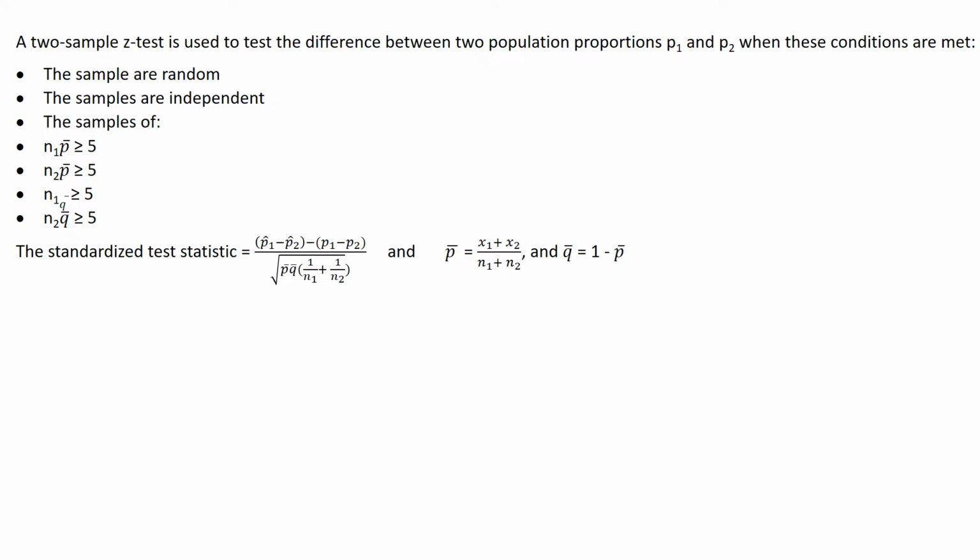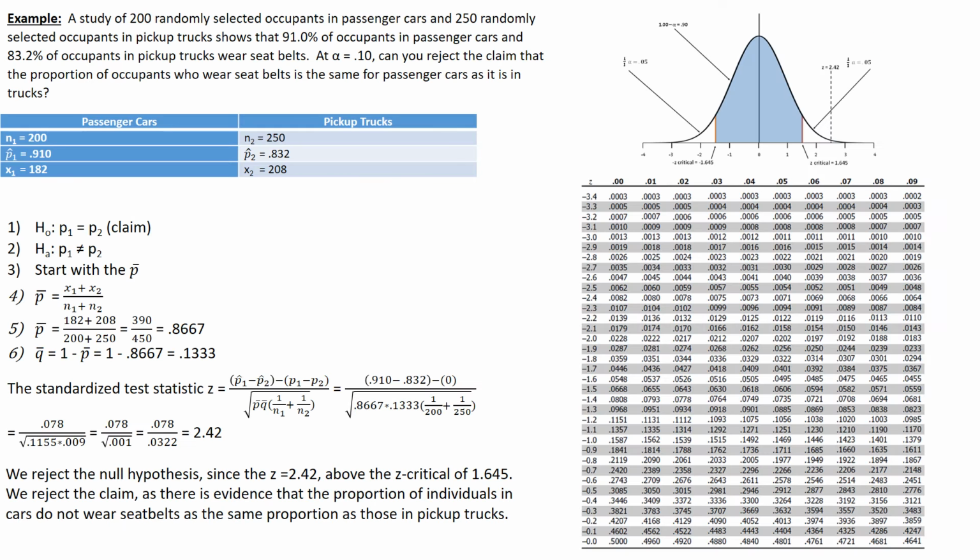And our p bar, which is the population p, can be found by our x1 plus x2 successes over our total numbers, and our q bar is 1 minus p bar. This isn't that hard, but let's go through it because there are several steps.